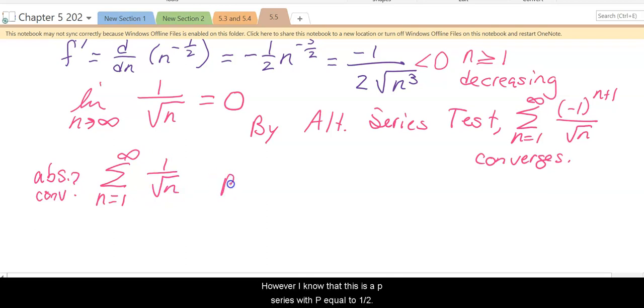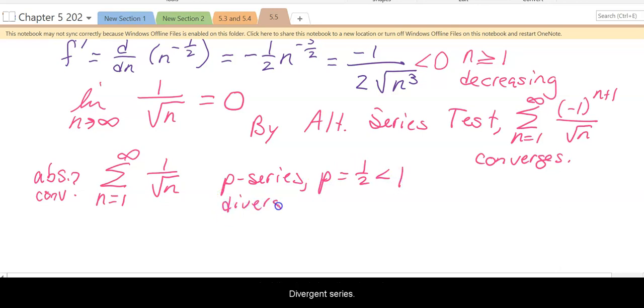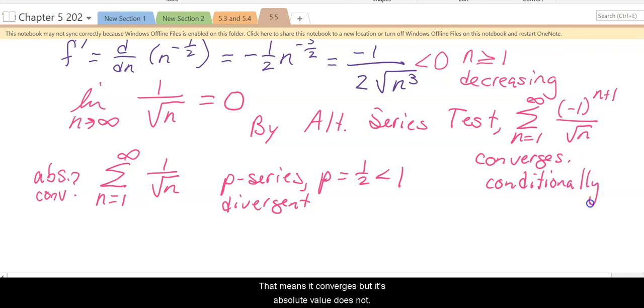However, I know that this is a p-series with p equal to 1/2, and that 1/2 is less than 1, which means that this is a divergent series. Thus, the original series is only conditionally convergent. That means it converges, but its absolute value does not.